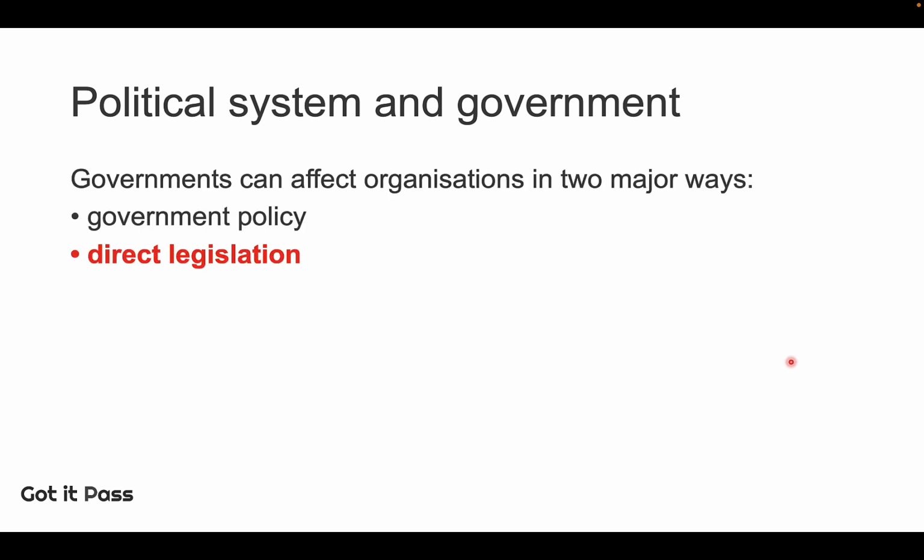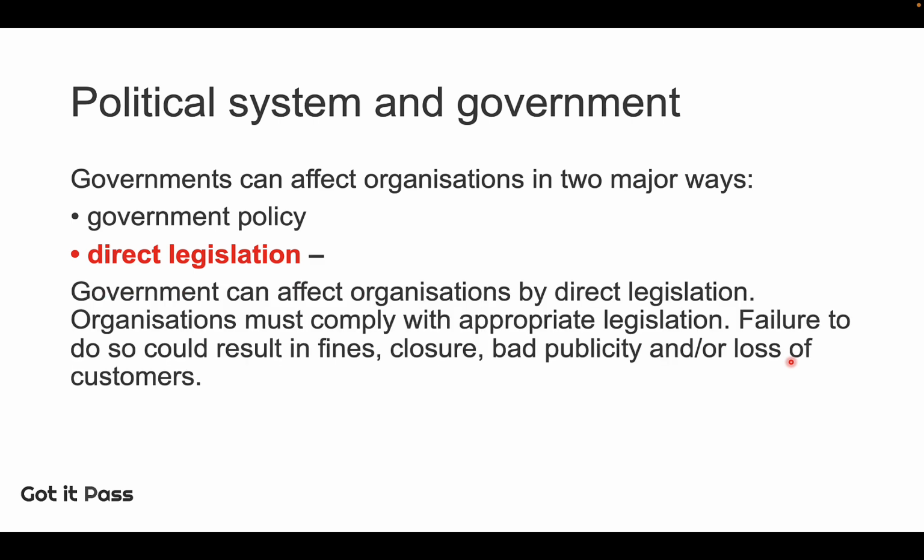And next topic is direct legislation. Governments can affect organizations by direct legislation. Organizations must comply with appropriate legislation. If an organization fails to do so, it could result in fines, closure, bad publicity, or even loss of customers.